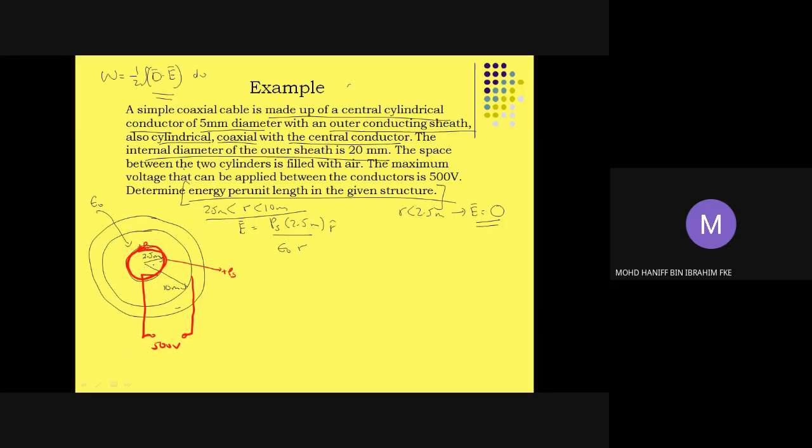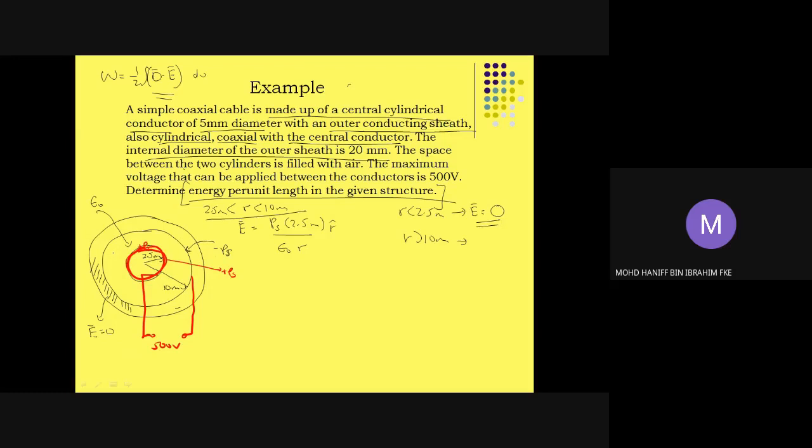The same thing applies for R bigger than 10 millimeter, which is this region here that we labelled. It can be proved that this region gives an electric field of 0, because for this particular cable, if we have a positive rho s on this surface, we are going to have a negative rho s on the surface at the radius of 10 millimeter.